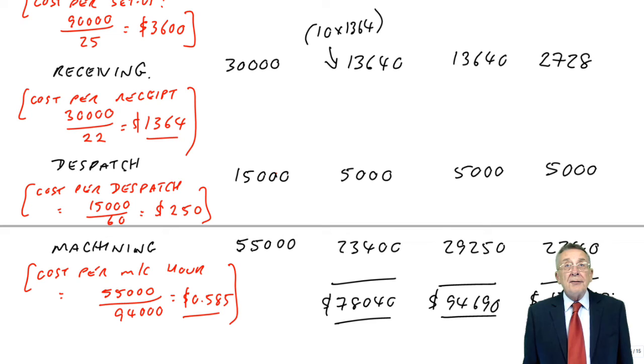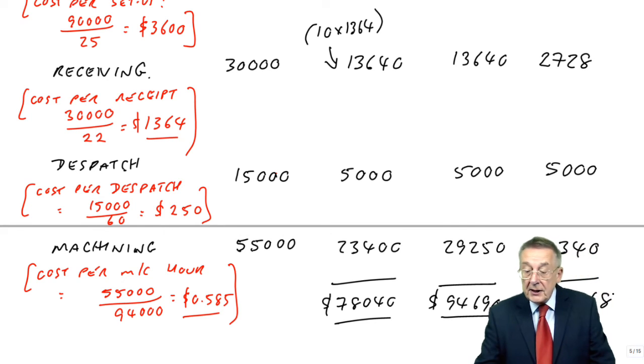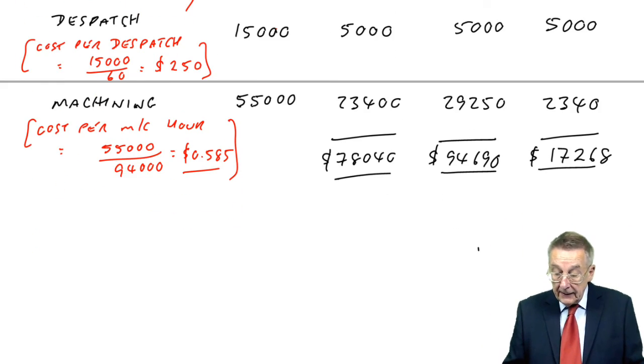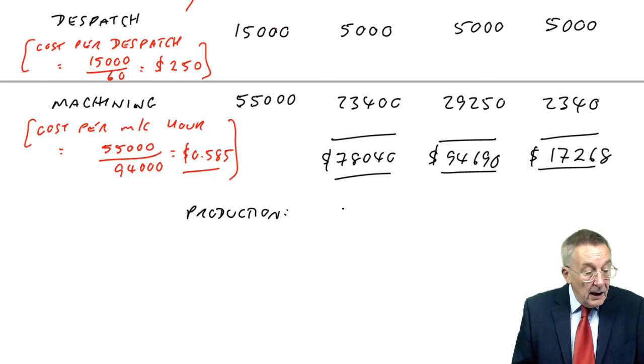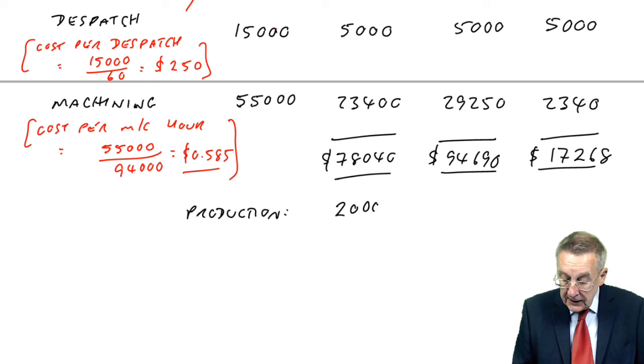But to finish it off, remember our cost cards, I wanted the cost per unit. And so, well, we know how many we're producing. A was 20,000 units, B was 25,000, C was 2,000.